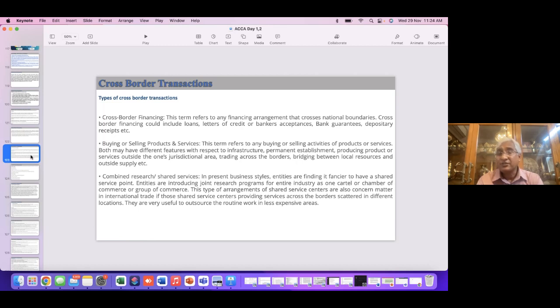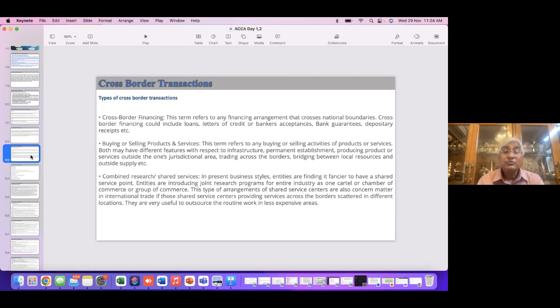Research and shared services. Many companies now in India, especially the big companies, go for such offshore activities. They have offices here or offices abroad, but they take different shared services like salary slip processing, tax identity, tax amount, and tax compliances.